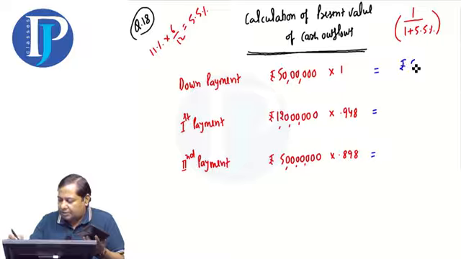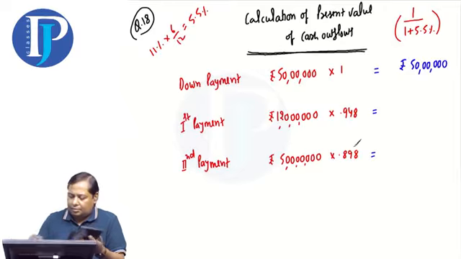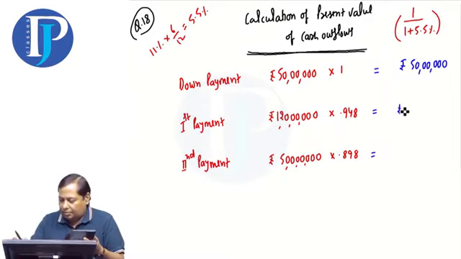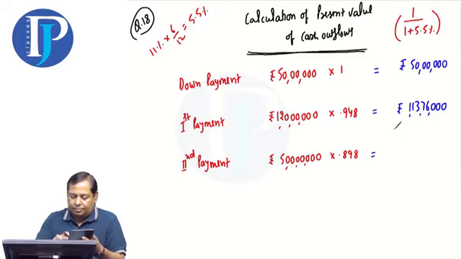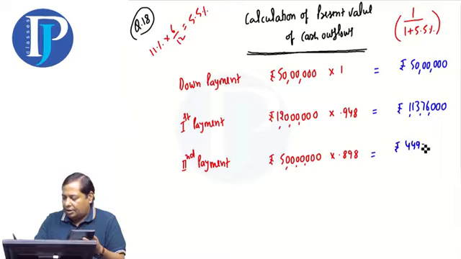So this will remain at 50 lakhs. 1 crore 13 lakh and 76,000 rupees. 4 crore 49 lakhs.